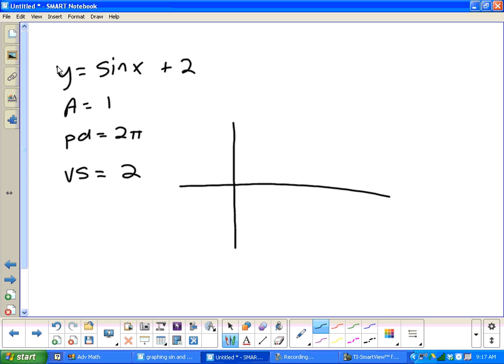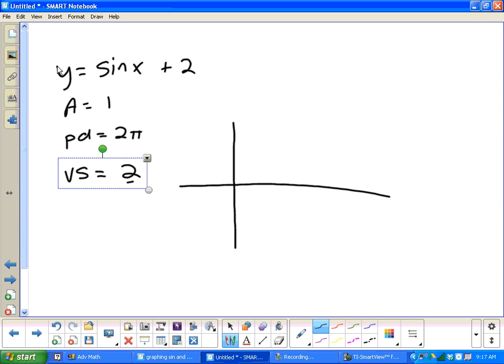So now when I sketch this graph, we're going to start with that 2, right? See if somebody can tell me, where am I going to go to? Up 2. And then once I get to up 2, where am I going to go from there? Up 1 and down 1, right? So we start at the 2, and if we went up 1 and down 1, then it's going to bounce back and forth between 3 and 1, right?